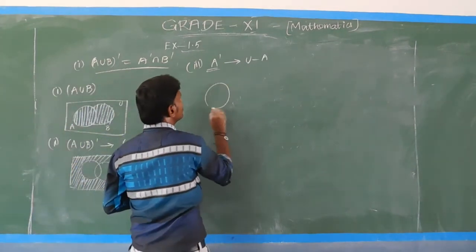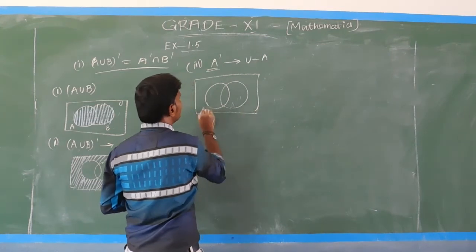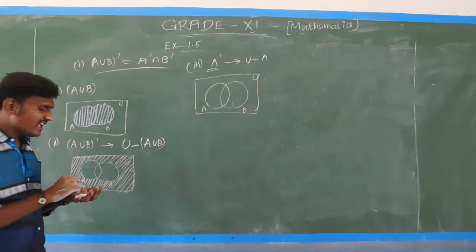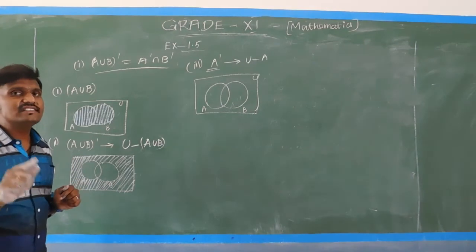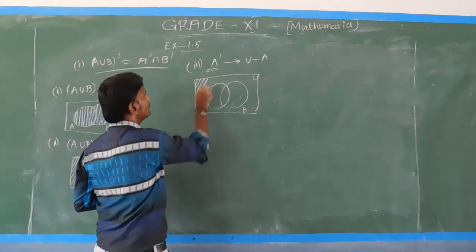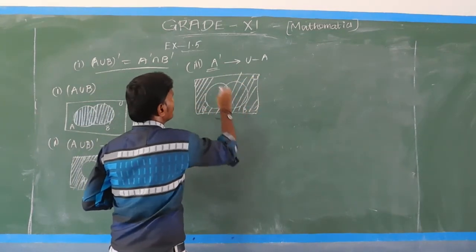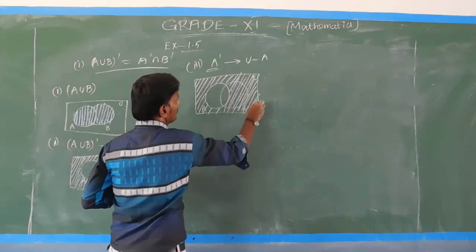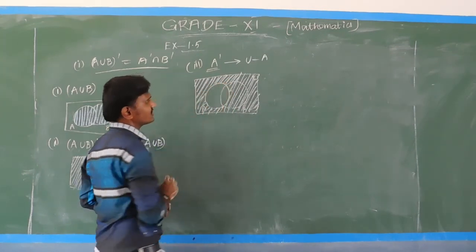So universal minus A means I am going to shade only the place of B and the universal, which is not in the space for A. So this is your A dash.